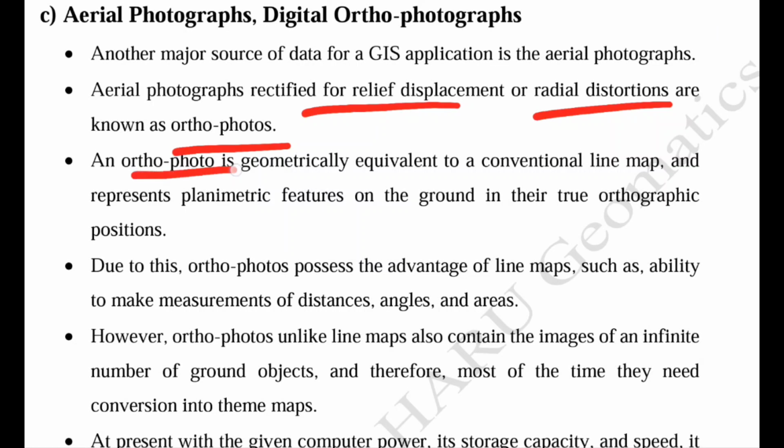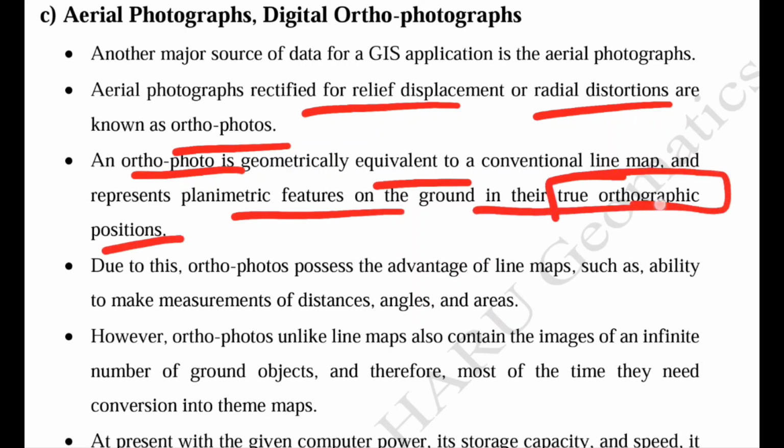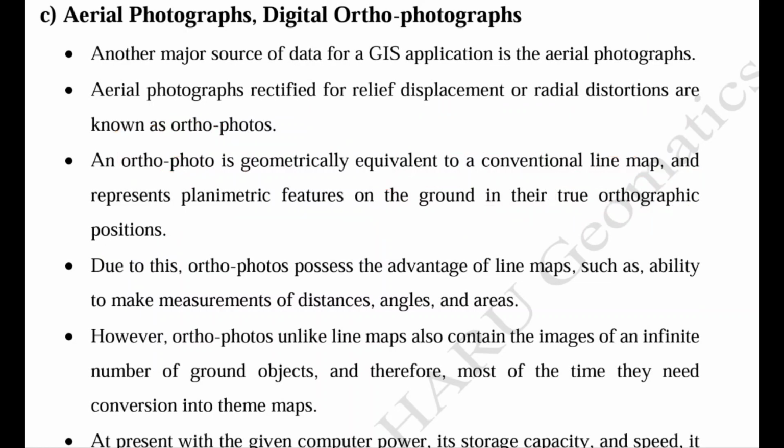So orthophoto is geometrically equivalent to the conventional line map and represents planimetric features on the ground in their true orthographic position. Means true orthographic position as their location is same as in the map. So orthophotos are rectified by the relief displacement.